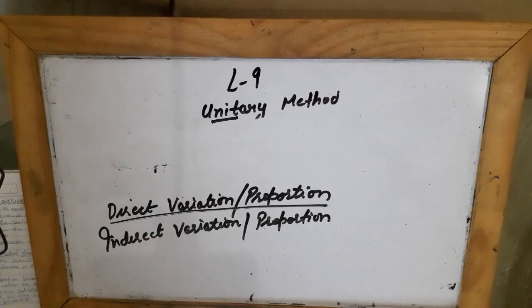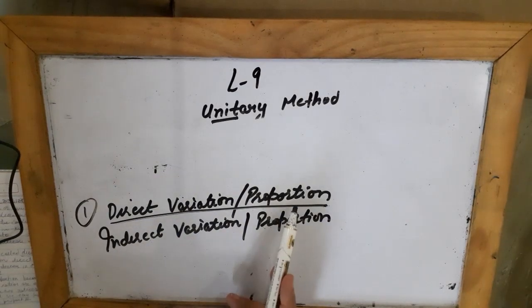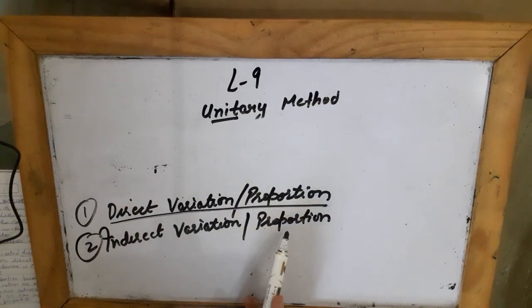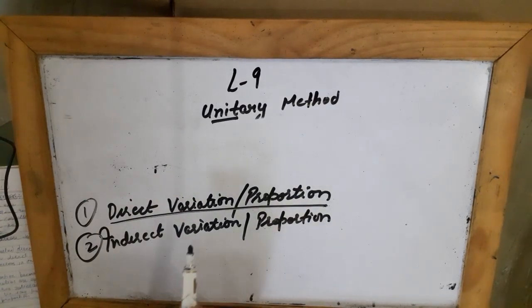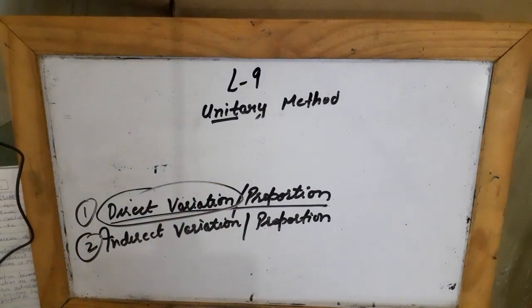They are called direct variation or direct proportion, and indirect variation or indirect proportion. In today's lecture, we will study about direct variation or direct proportion.